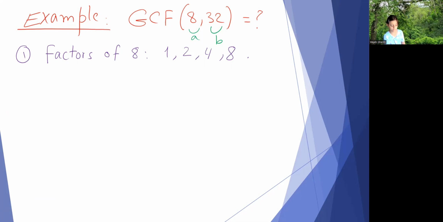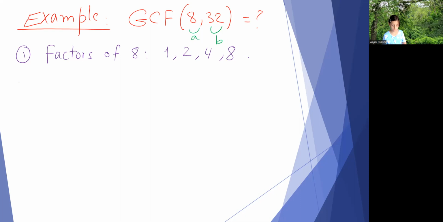And why 2 also? Because 2 times 4 equals 8. Or we say 2 is a factor of 8 because 8 is divisible by 2. 4 is a factor of 8 because 8 is divisible by 4, or 4 is a divisor of 8.